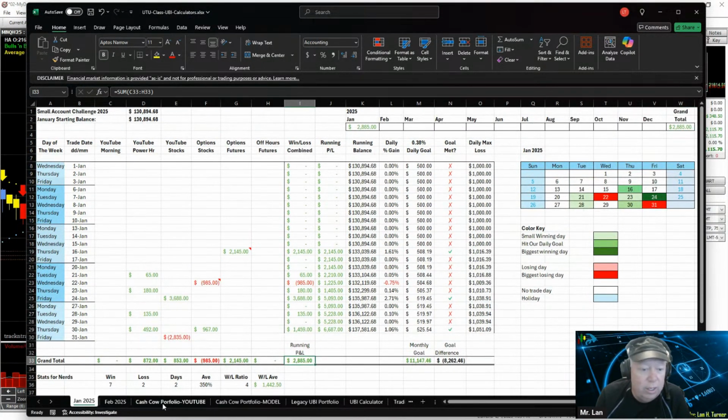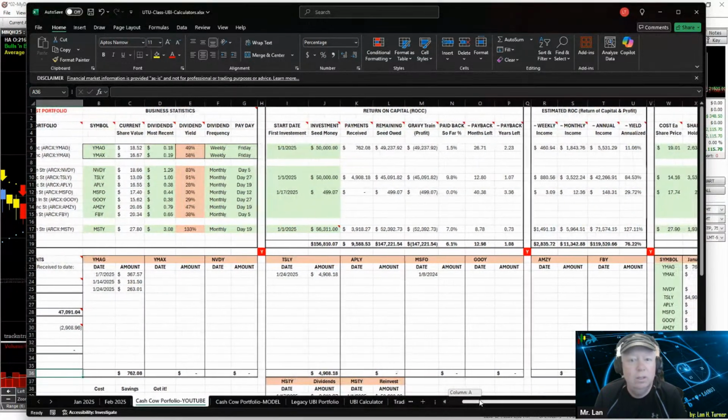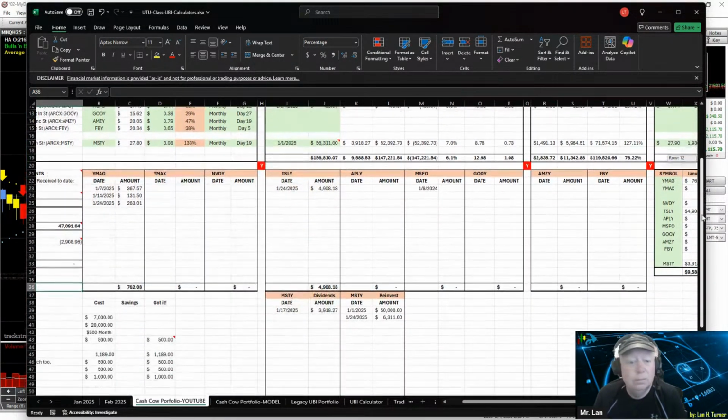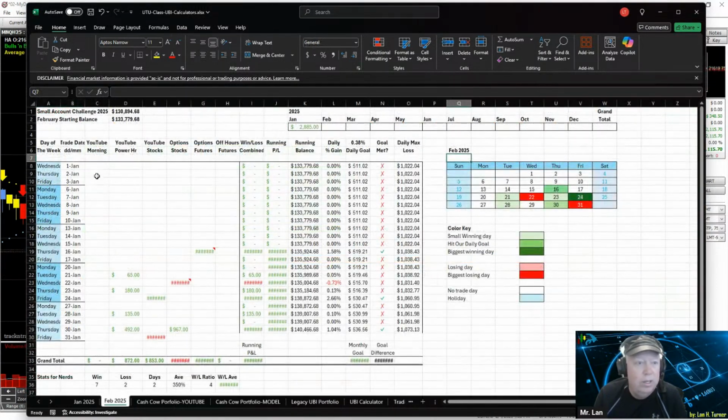So we already came over to our cash cow portfolio and put some of this money in over here. I can't remember how much we took. Did we get a dividend payment on our cash portfolio that we need to enter in here? I've got to remember on February 4th, which is today, I'm going to make a note here.